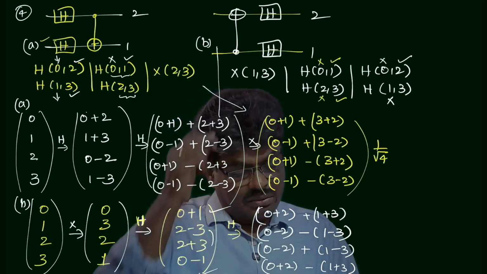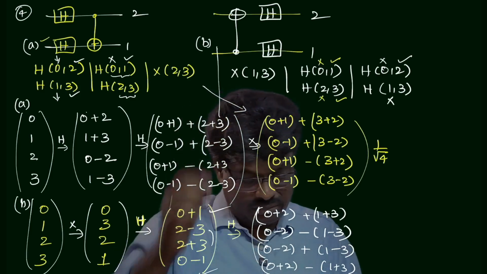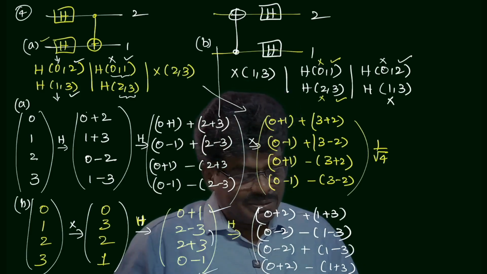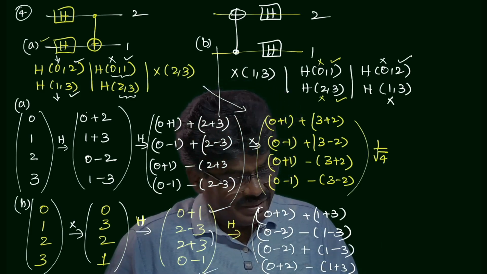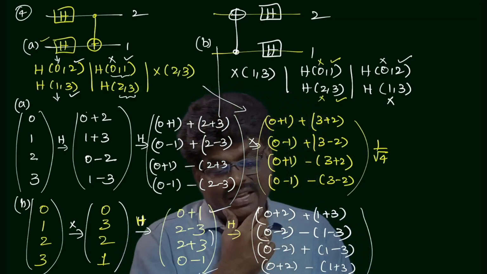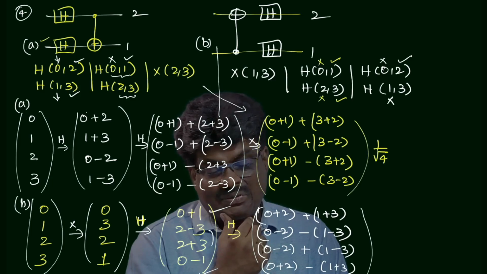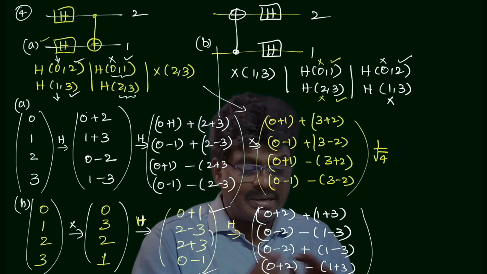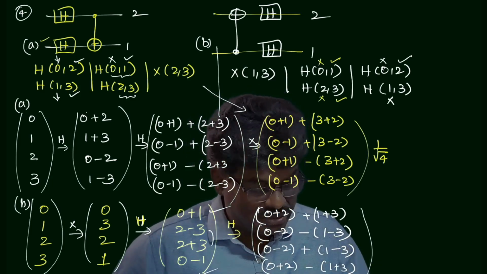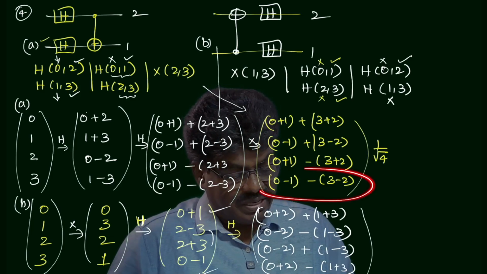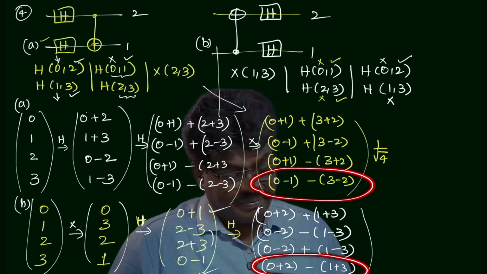Okay, so I think something, no, absolutely right, only that order of numbers change. Because here I have taken h of 0 first, here I have taken h of 0 1, that's why order of numbers change, but same state only, if you carefully observe. So for example, if you check the last one, both are same.